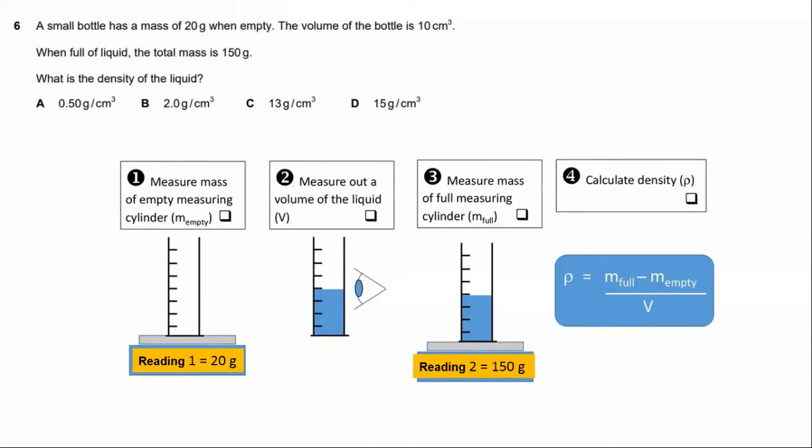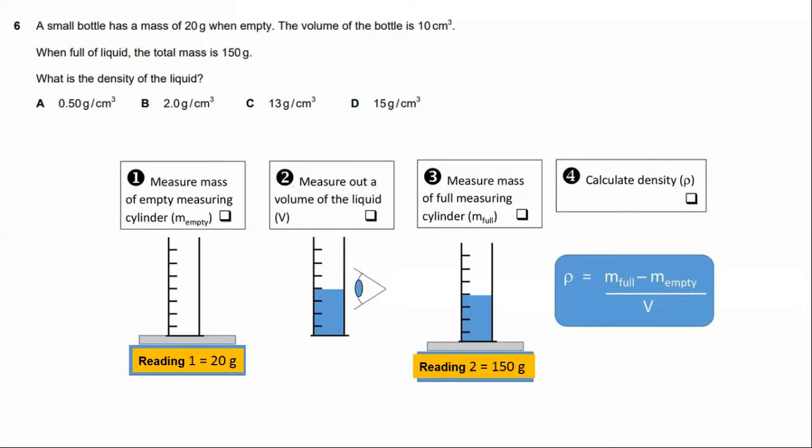And then we put the liquid into the measuring cylinder. We can also obtain the volume of the liquid using the measuring cylinder. In this question, that is 10 cubic centimeter. And then we measure the total mass of the measuring cylinder with the liquid, which is 150 grams in this situation.